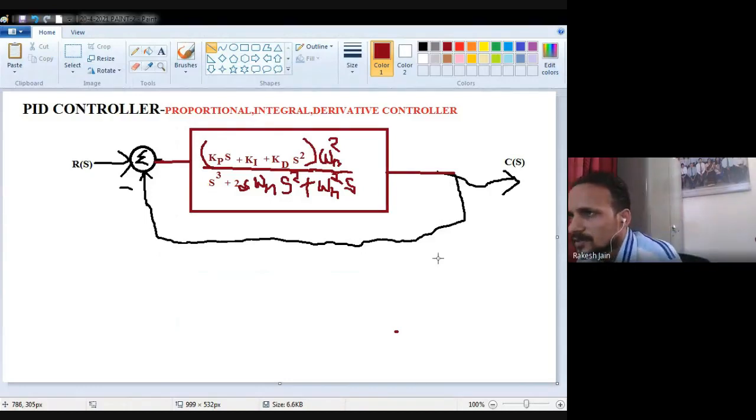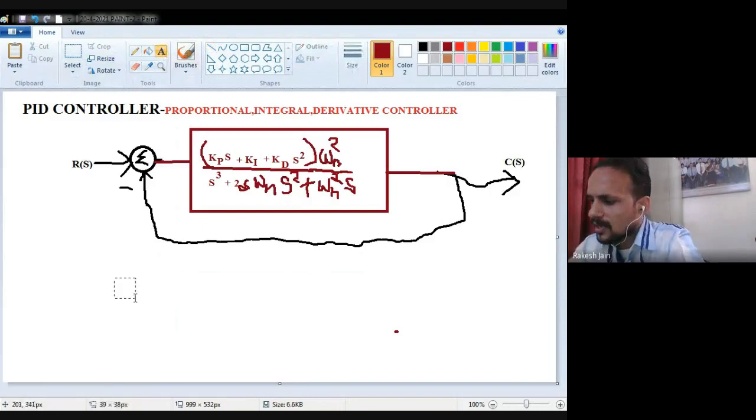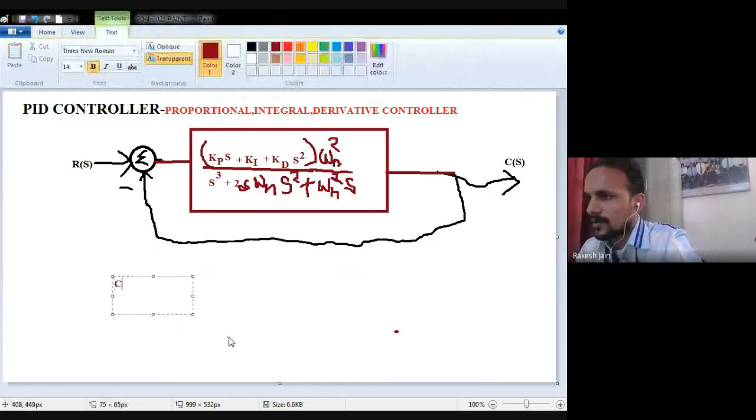Now what is C(s) upon R(s)? Our proportional integral derivative controller equation will end up like this.